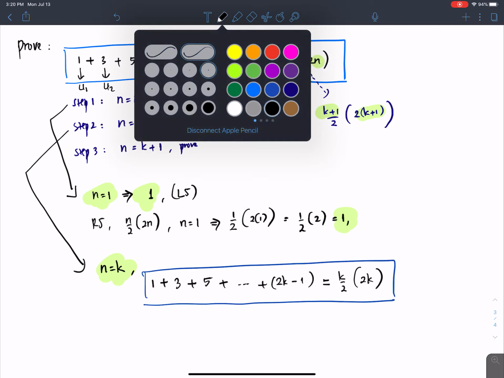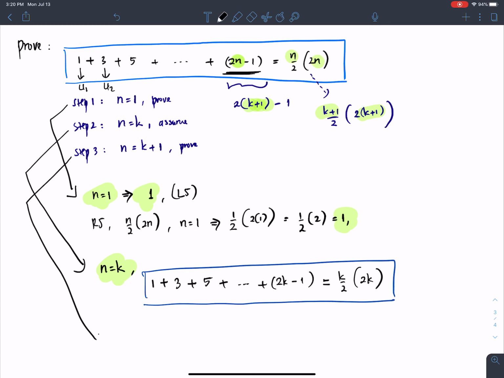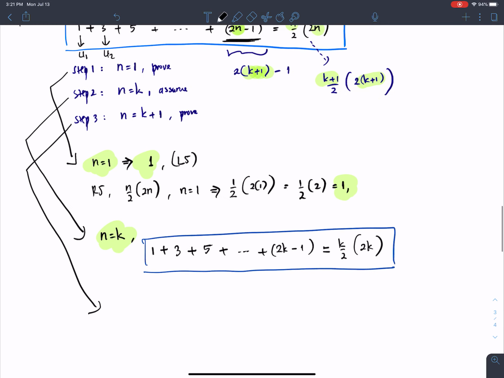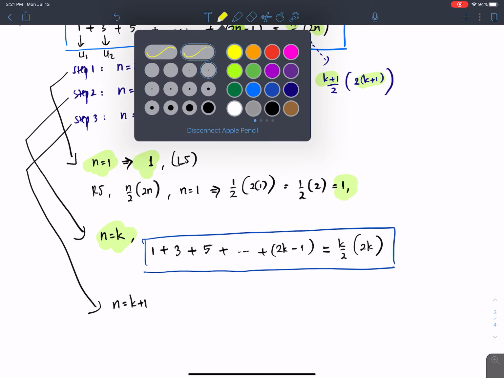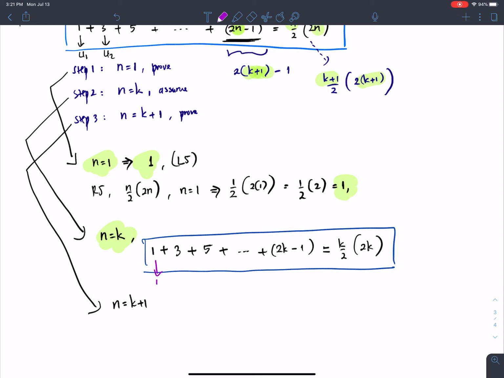Now the last part, step 3. Since we are done with step 2, we said it is true, we assume it is true. So we want to show that it's also true for n equal to k plus 1. Let me highlight again. From here, u1, up to this point here, un.